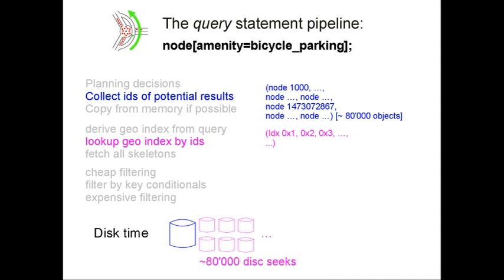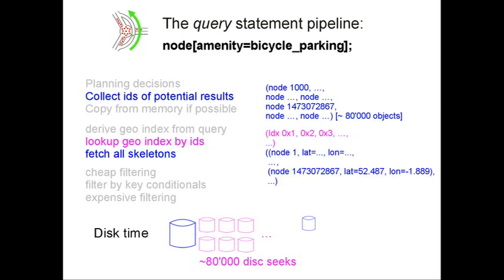To fetch all the skeletons now takes fewer time than looking up the indices, but still 30,000 units of disk time because the objects are geographically distributed all over the world. Altogether, the query works, but it is really slow.